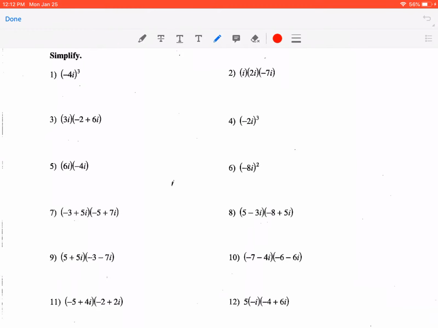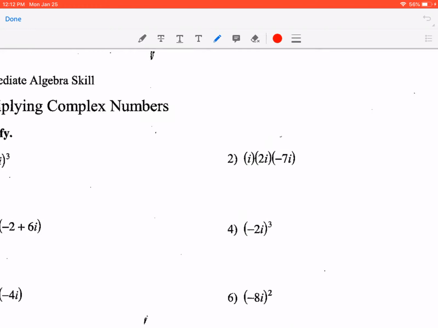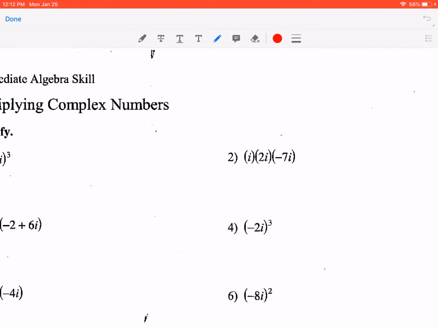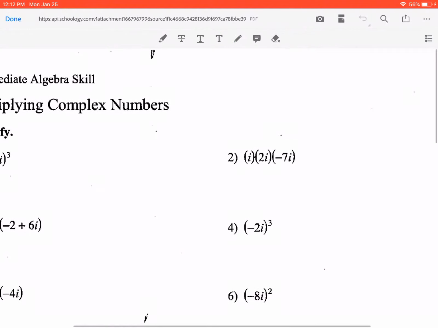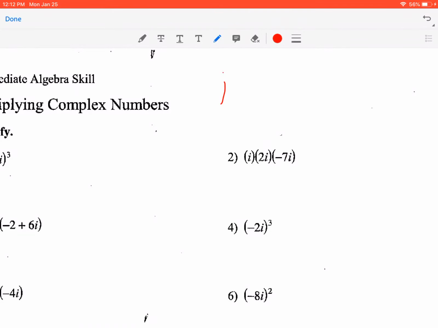But again, when you are multiplying imaginary numbers, the key rule is i squared is always equal to -1. So anytime you get i squared, change it to -1.